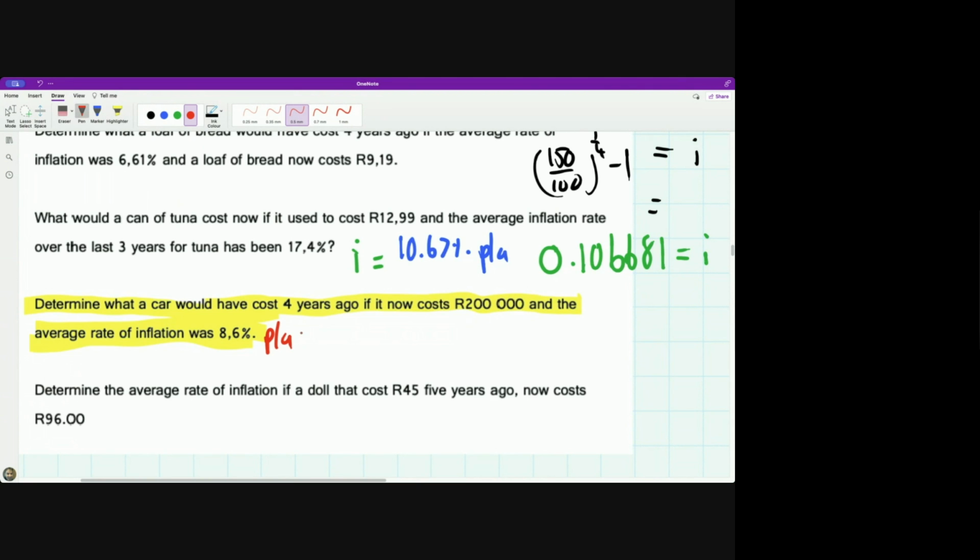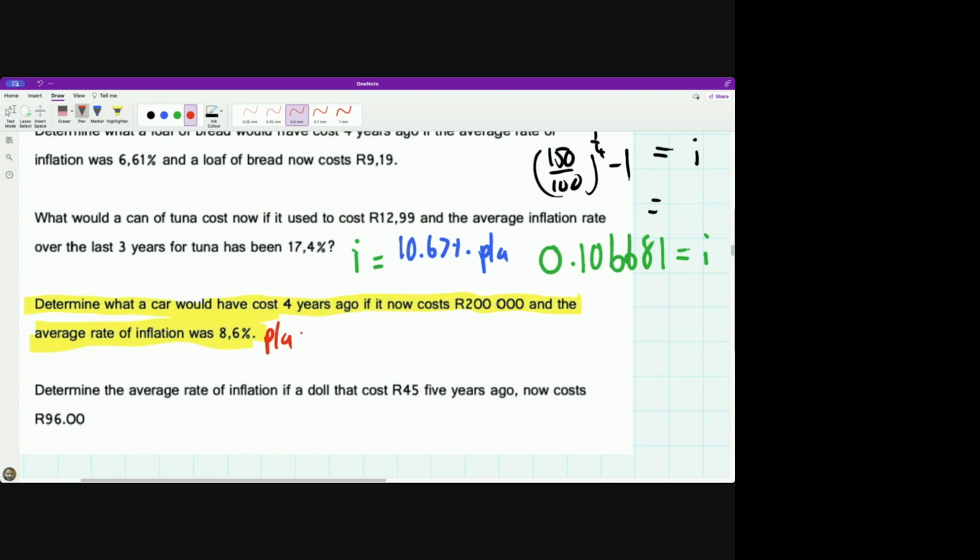So see if you can work that out for me. So if it costs 200,000 Rand now, and you know the rate of inflation, how much would that same car cost 4 years ago?